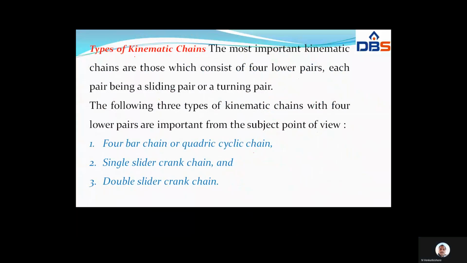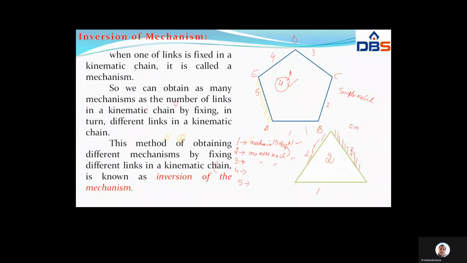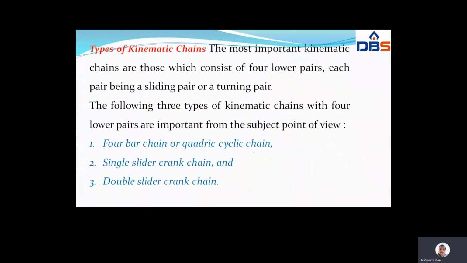The motion of various links may not be changed in any manner throughout the process of inversion, but their absolute motion may be changed by changing the fixed link. So by changing this here, their relative motion may not be changed, but their absolute motion will be changed. So this is a very important thing, we need to note it. Next, types of kinematic chains.